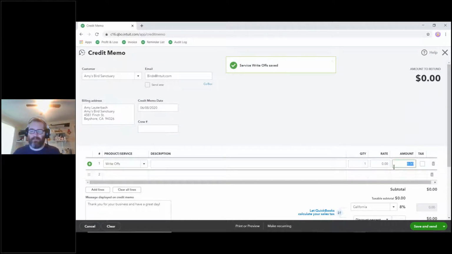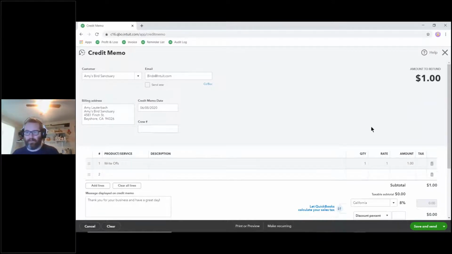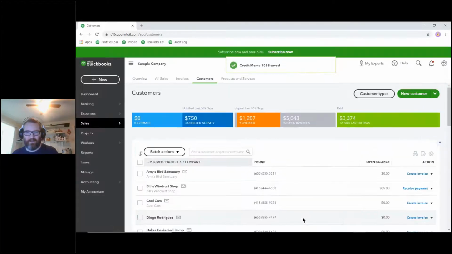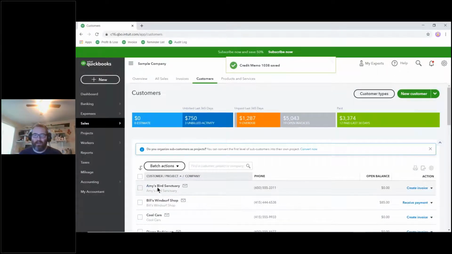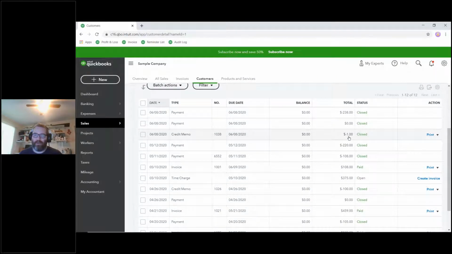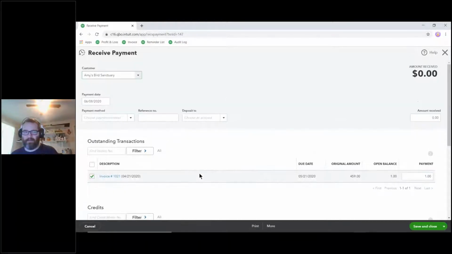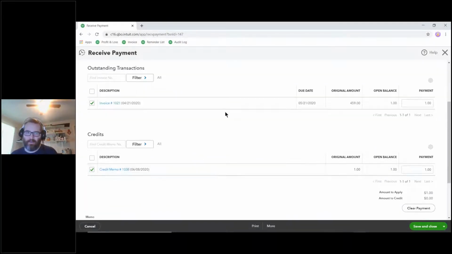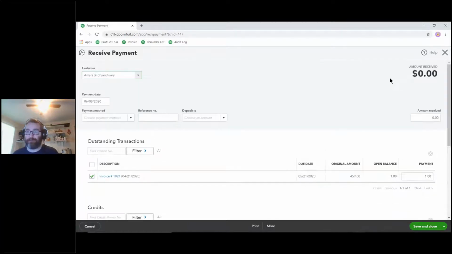Now I'm going to give them a credit for $1. And then I'm not going to send it because they probably don't care about the dollar either. We'll save that. And so now that credit memo was automatically applied to the invoice. Basically, QuickBooks created what's called a $0 payment, where it combines the credit memo with the invoice right there for $1.